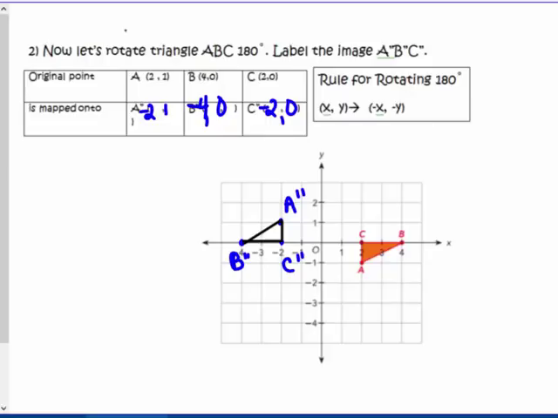It's 180 degrees rotated around the origin. So the rule for rotating 180 degrees around the origin is the X and Y remain in their positions, they just become their opposite. So X becomes -X, or the opposite of X, or the inverse of X, and Y becomes -Y, or the opposite of Y.